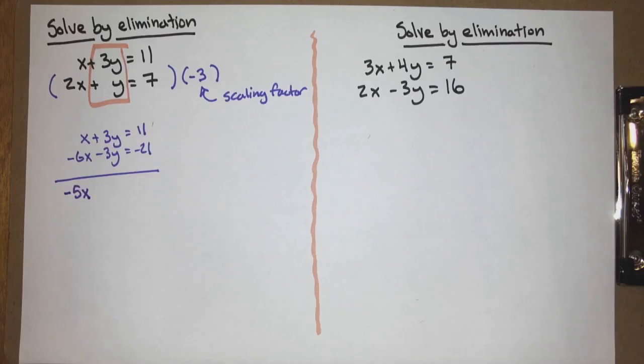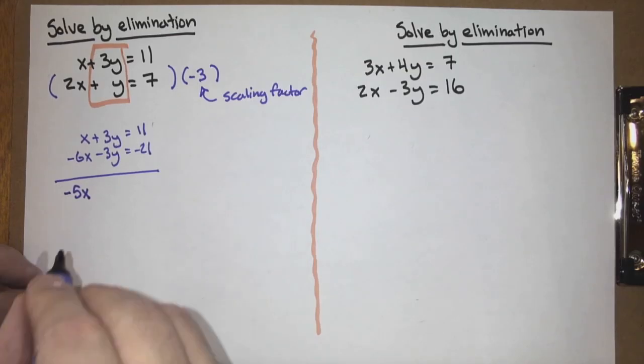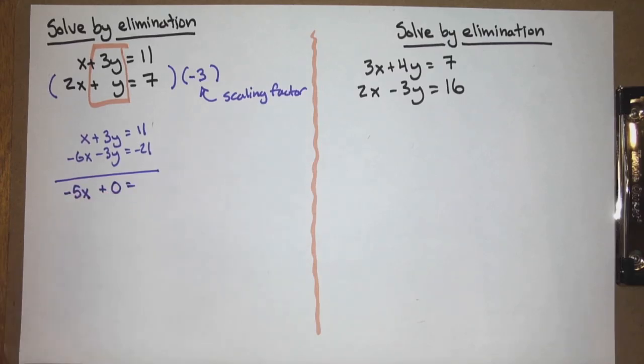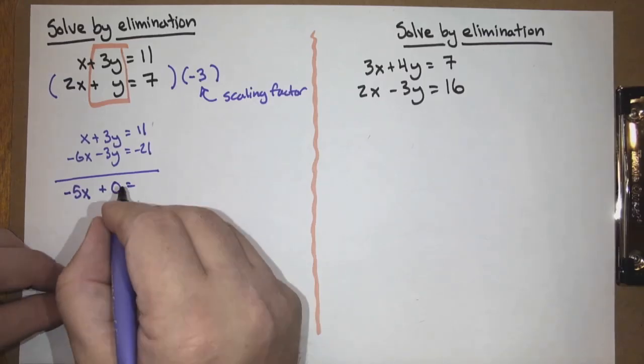And that is by design. We caused that to happen. We wanted it to happen. We wanted to get rid of a variable. So that's good news for us. 11 plus a negative 21 is negative 10.